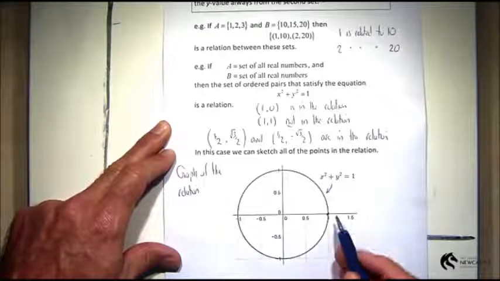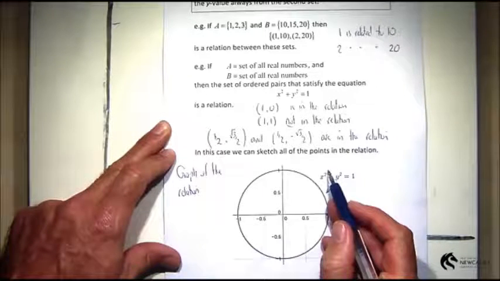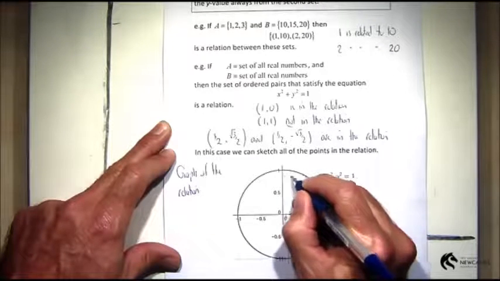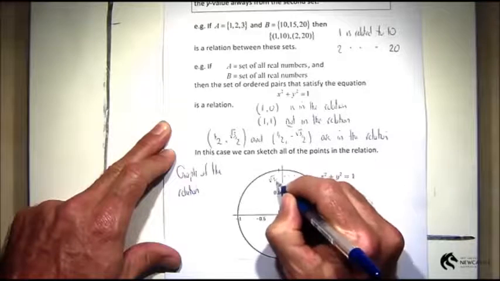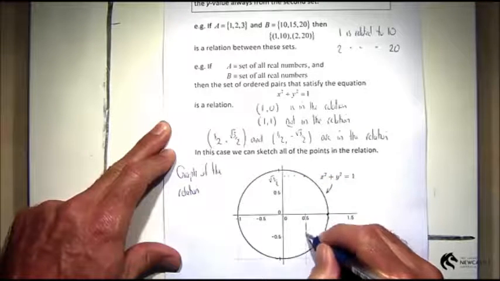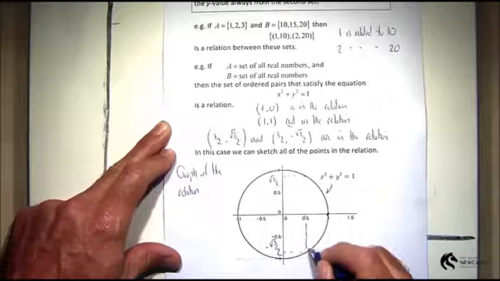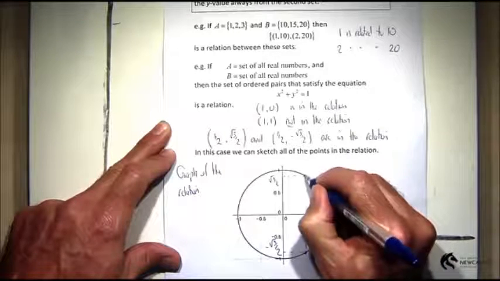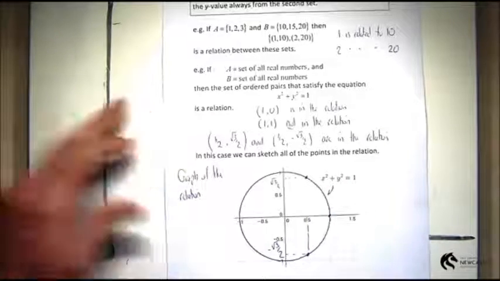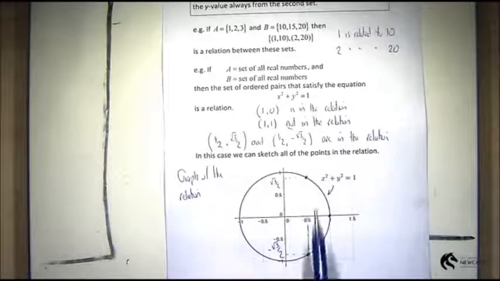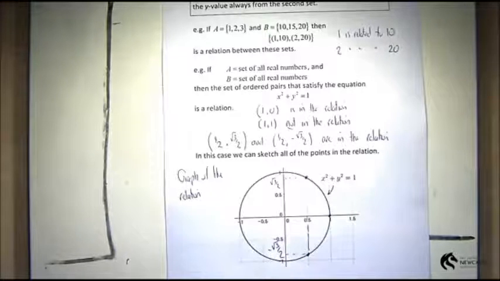You can see that 1, 1 certainly isn't on the graph. A half and the square root of 3 on 2, and a half and minus the square root of 3 on 2. So you can see those 2 points are in the relation, and you can see that a half is related to 2 different y values.